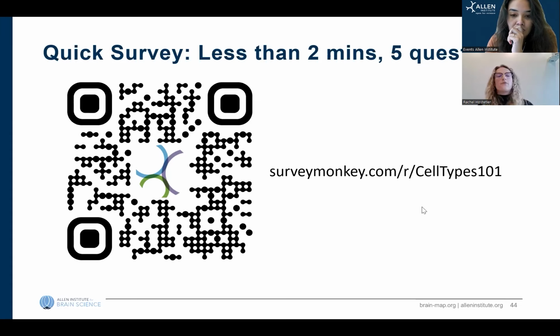And so if you want to bias your sampling towards glial cells or towards excitatory cells or towards microglia, then it would make sense to adjust your sample and what you're selecting for. For humans, specifically, there are a lot of glial cells.